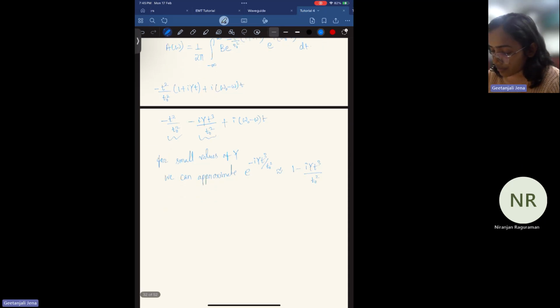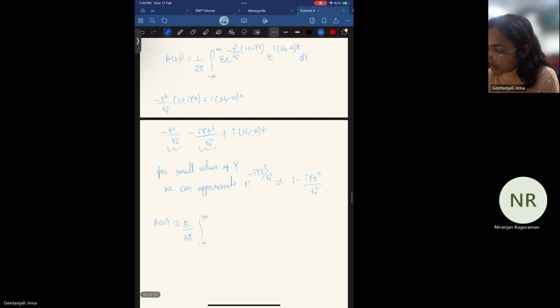That means we have A of omega now as B over 2 pi, integral from minus infinity to infinity of e to the power minus t square by T0 square plus i omega 0 minus omega t, times the approximate term 1 minus i gamma t cube over T0 square, dt.